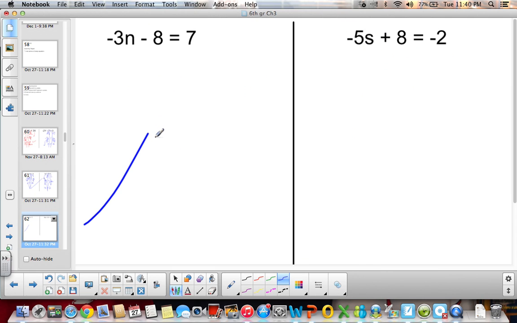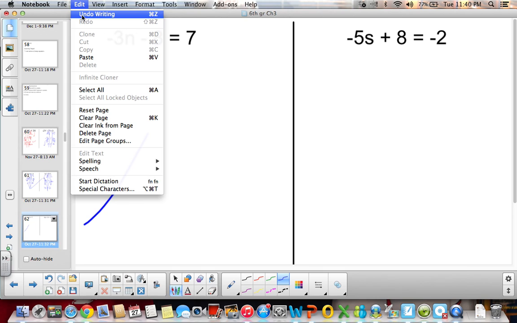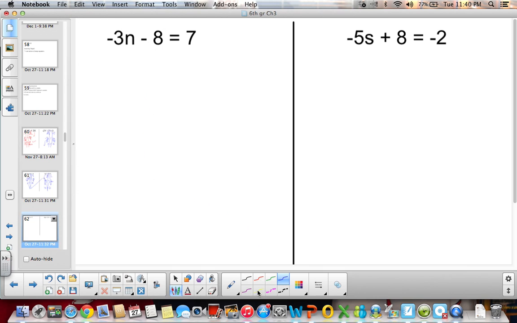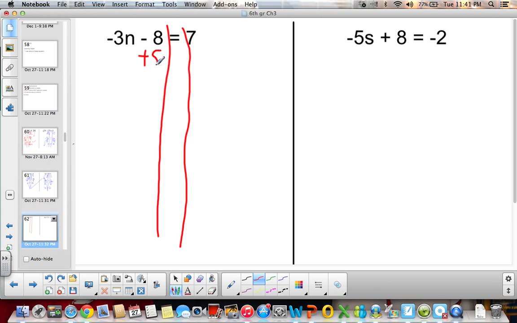Okay, negative 3n minus 8 equals 7. Again, pause me and do these two problems if you would like, and then come back and check. So negative 3n minus 8 equals 7. We are going to add 8 to both sides. Notice how neat I am.